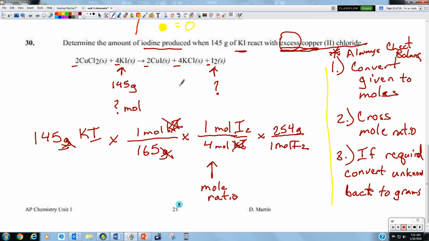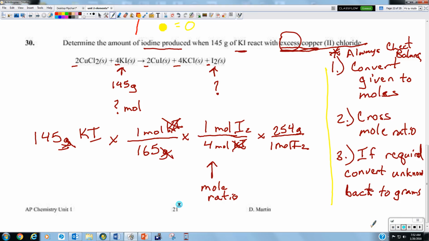Sometimes they balance a specific way because they want it to come out like that, especially with an excess reactant and all of that. So that's kind of what's going on there.